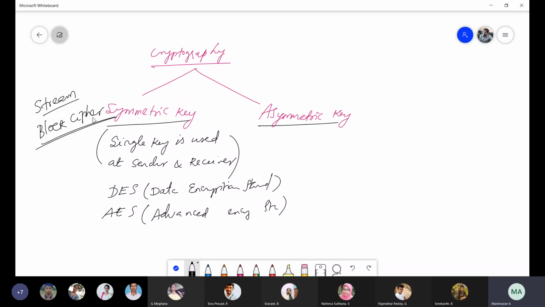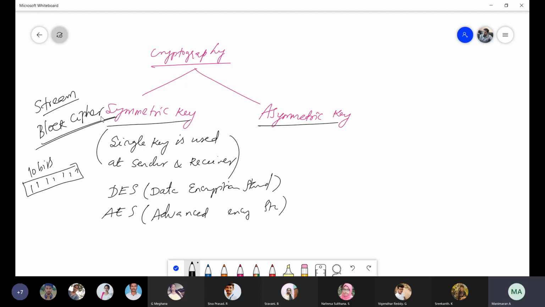But in the case of block cipher, we take it block by block and convert into ciphertext, which means maybe in one block 10 bits or 10 characters are there. We'll take 10 characters cumulatively and convert them into ciphertext. That we are going to do in symmetric key cryptography.